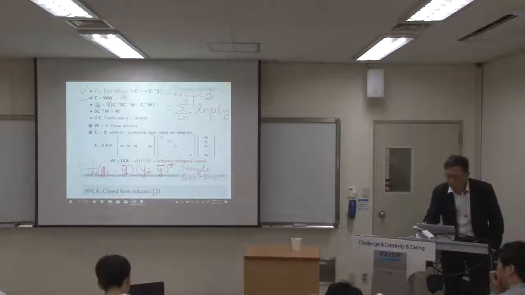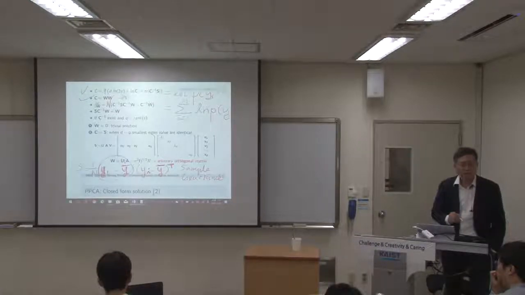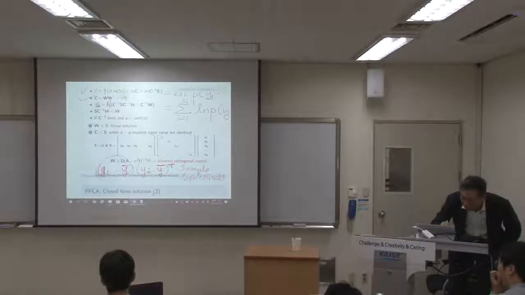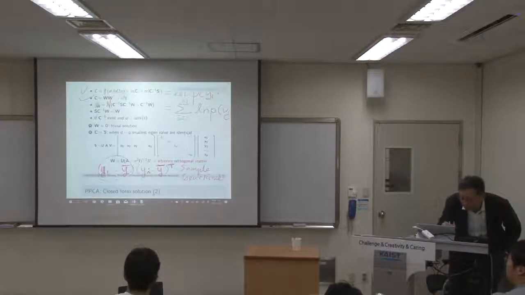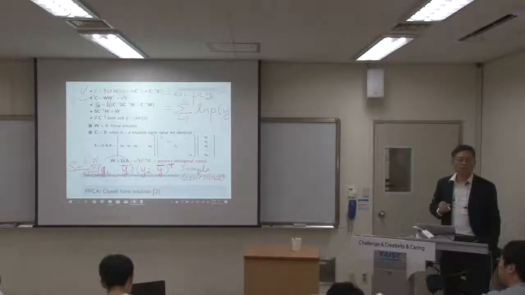Covariance. So what dimensional vector is this? Oh, wait, sorry, I left something out. It's S, 1 over n, and summation i equals 1 through n. Okay? This is the sample covariance.